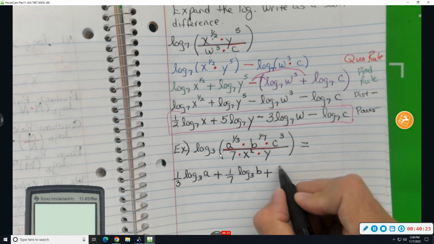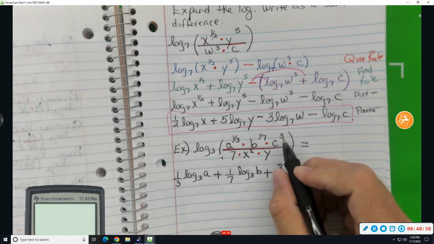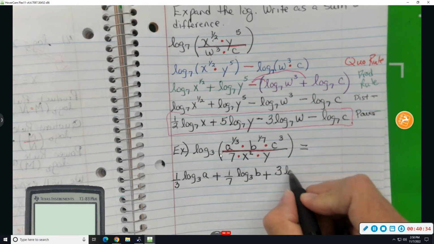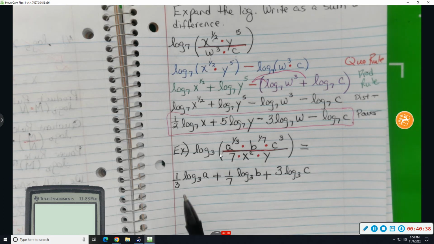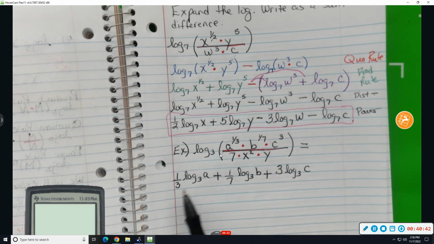What's next? I'd write the 3, the exponent, and then log base 3 of c. The exponents go in front of the letter L. The stuff on top has pluses in front of it.